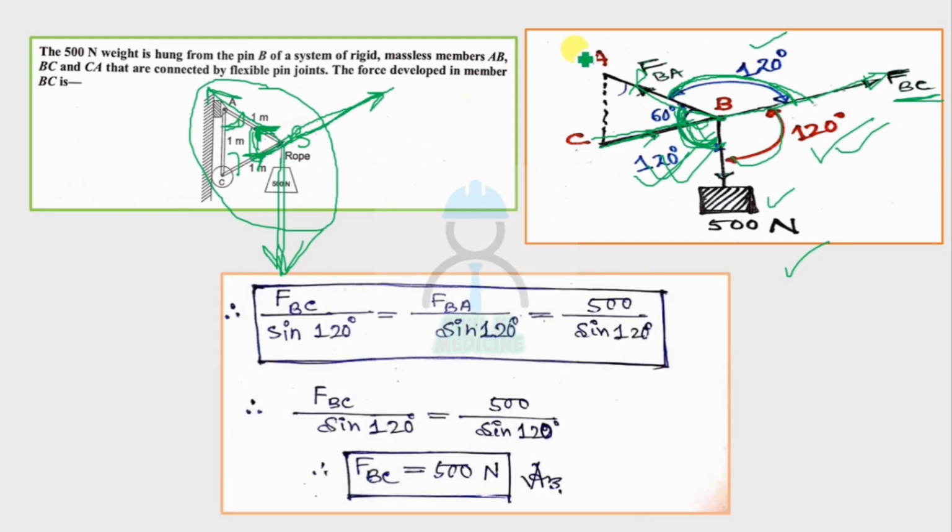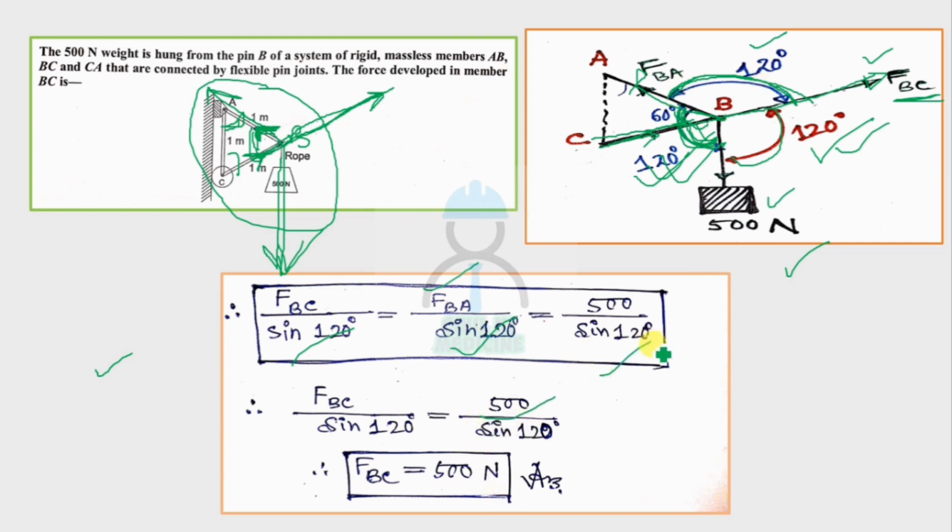So as per Lami's theorem, we can write force BC divided by the sine of the angle between the other two forces, that means sine 120 degree, equals force BA divided by the sine of the angle between the other two forces, here also 120 degree, equals 500 divided by sine 120 degree.